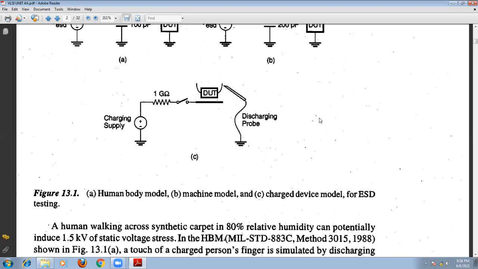Basically, this test simulates the situations that happen in the manufacturing environment, such as mechanical device handling that builds up charge.